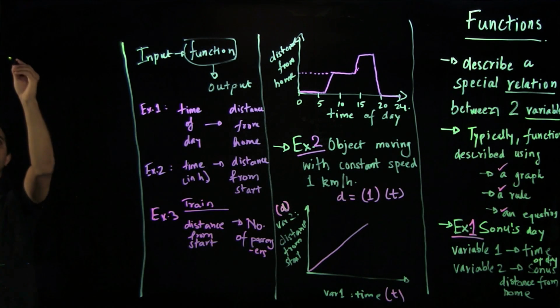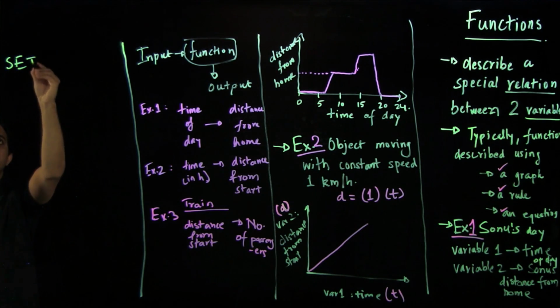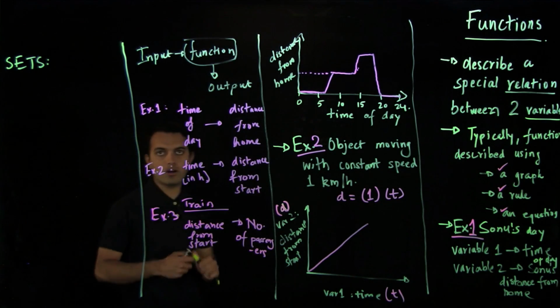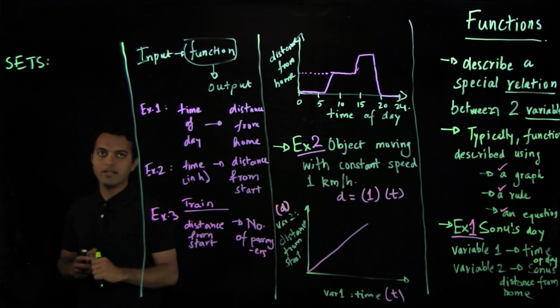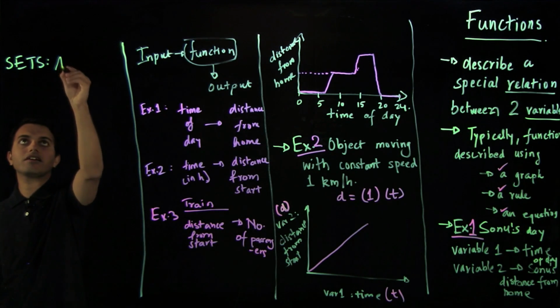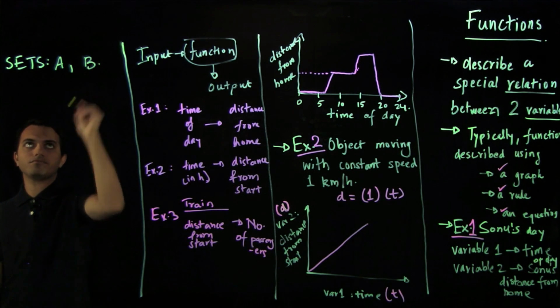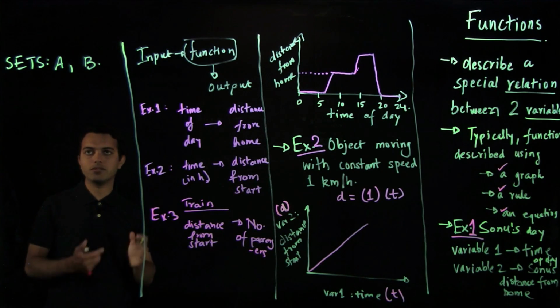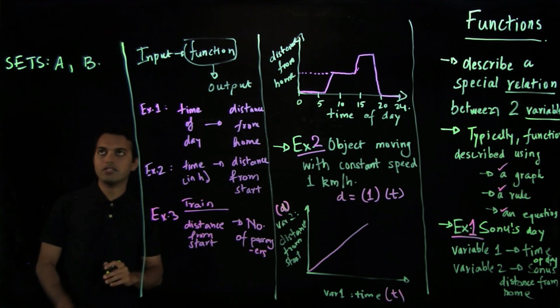One thing that you have already learned is sets. Sets are a collection of items, and so let's say we have sets A and B, where A could be any object of interest and B could be another set of objects of interest.